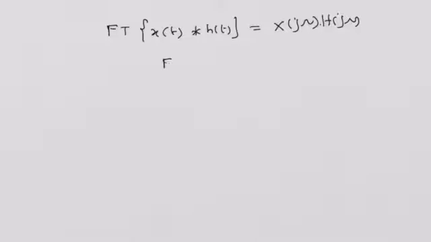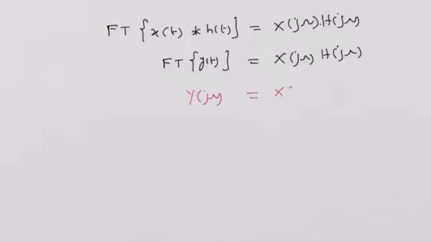Or I'll state like this: continuous Fourier transform of y of t of a CT LTI system is simply obtained by the product of X of j omega with H of j omega. Or in other words, Y of j omega is equal to X of j omega multiplied with H of j omega. Therefore, H of j omega is the ratio of Y of j omega by X of j omega.